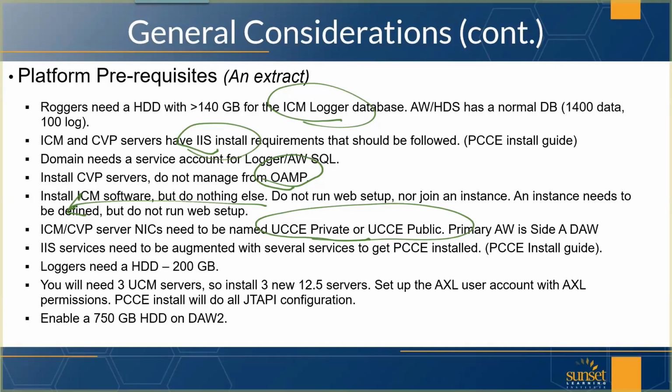We'd need to set up the AXL user account with AXL permissions. PCCE install will do all the JTAPI configurations that we require. Recall, when you may have installed an earlier UCCE version, you had to create the username and password for JTAPI on the PG as well as in the call manager. All of that is done by the wizard.